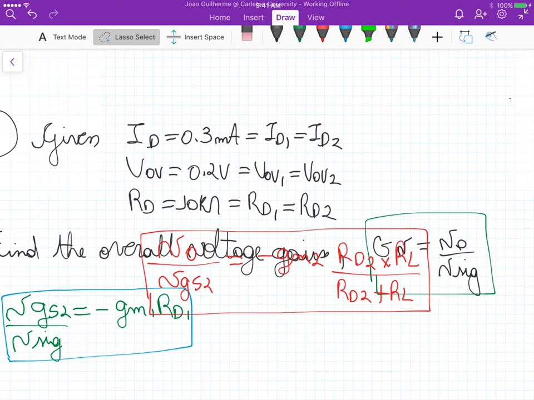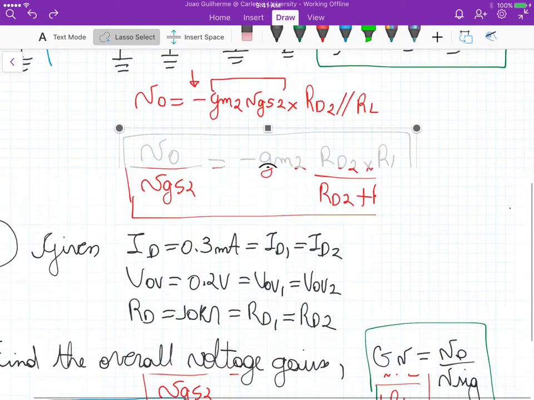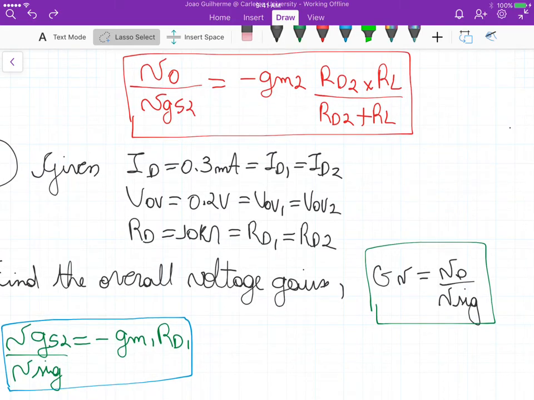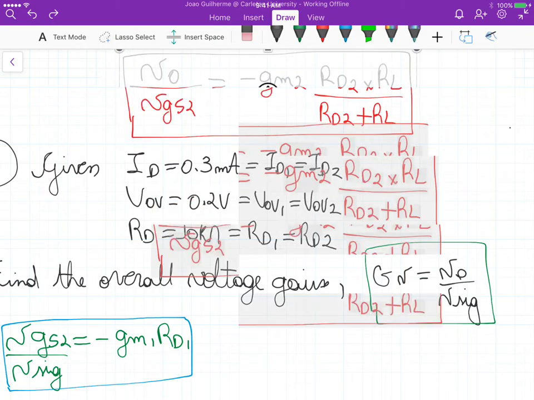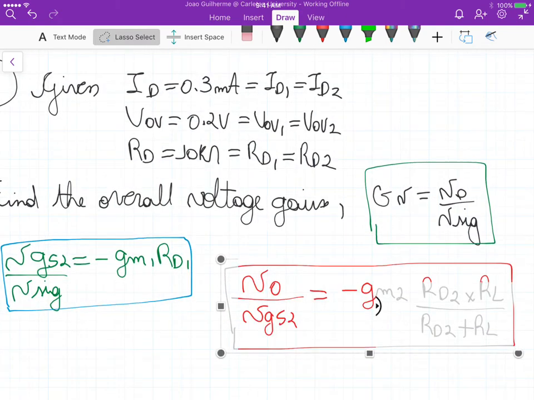Okay, now it worked. So we have these two equations, okay?